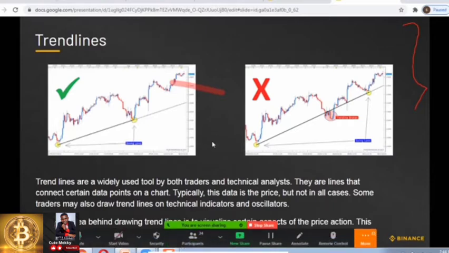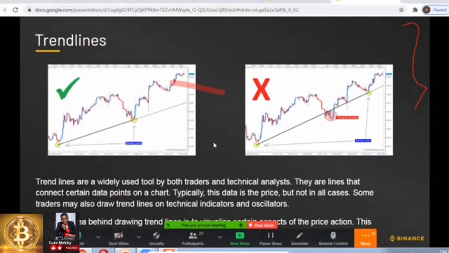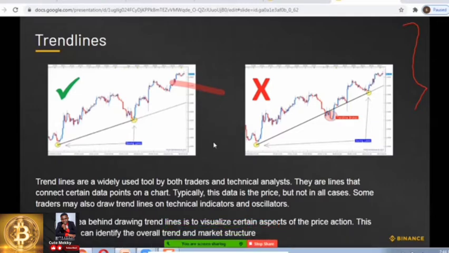Trend lines are widely used by both technical and fundamental traders, and they are lines that connect certain points, that is data on your chart, and this data is price. Some traders may draw their trend lines differently. Some may use oscillator-like indicators, and some may also use momentum indicators. But the main idea behind a trend line is that it visualizes certain aspects of price action.